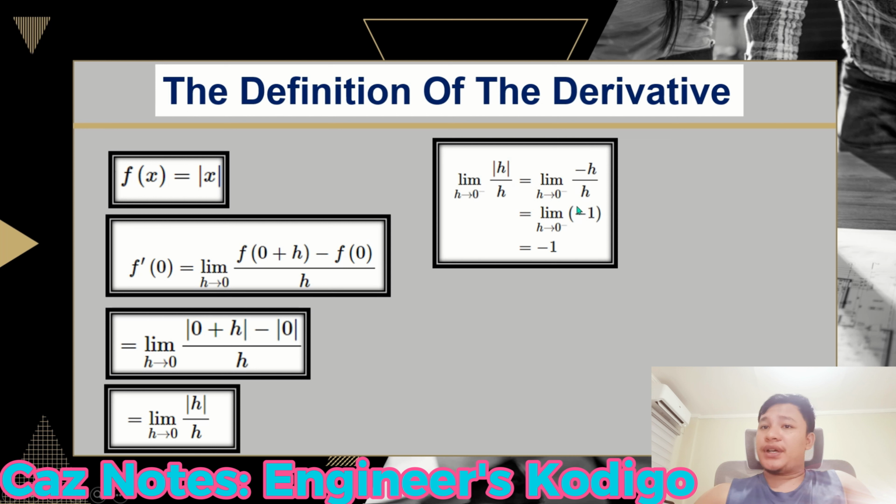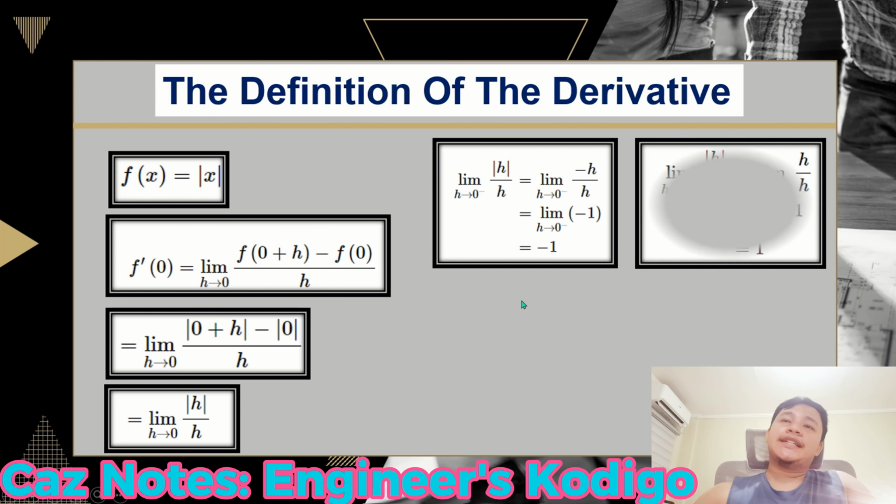Divided by a negative h, we will obtain a negative value, right? So the absolute value of a negative number is always positive, divided by a negative h, we will obtain a negative 1 as the answer.